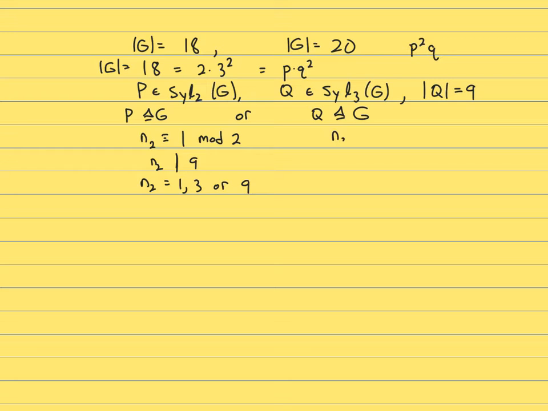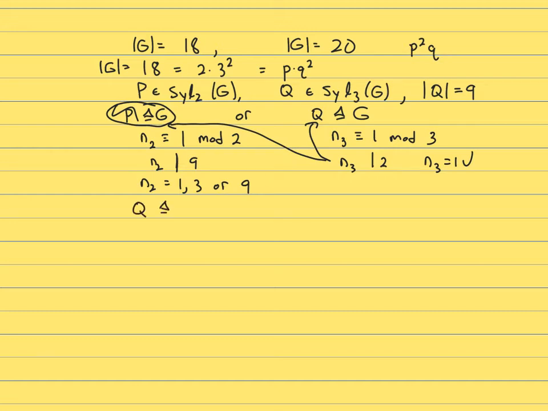On the other hand, N3 has to be congruent to 1 mod 3, and N3 has to divide 2. We see N3 has to be 1. That's exactly this case. The Sylow 3 subgroup is normal in G.